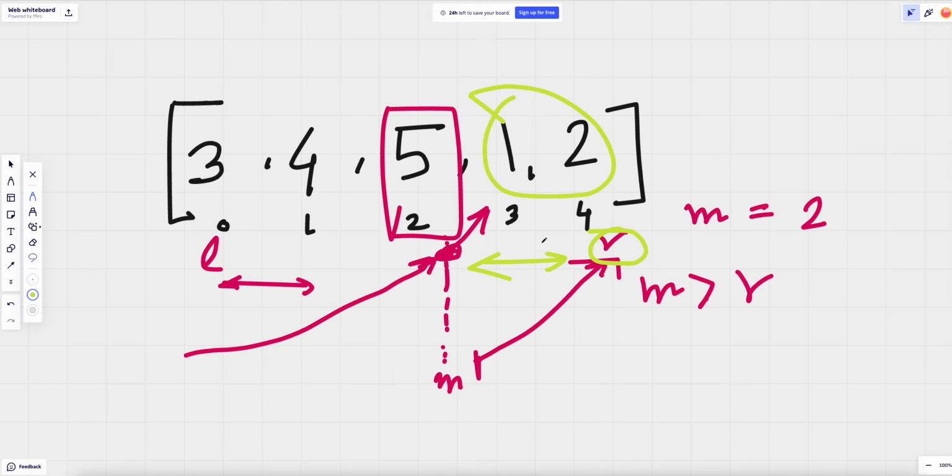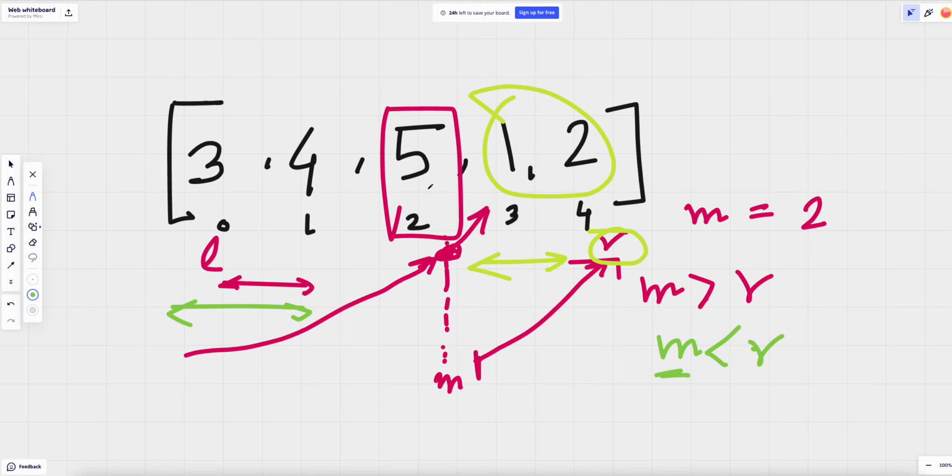Now if we come over here, what if our mid is smaller than my right? In this case my smaller value will come under the left side, so we will shift the left and right.